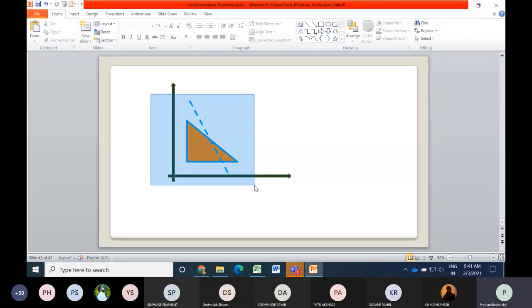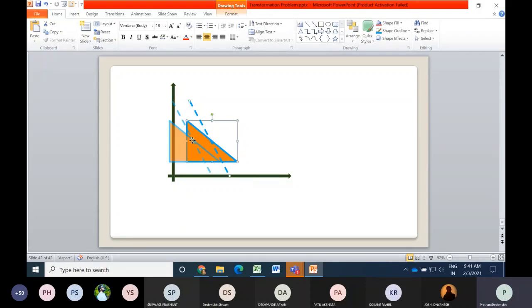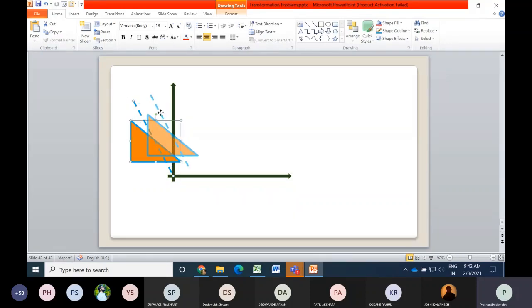This is your first step. Then you can align this line along the y-axis or x-axis. Okay, so let's align this.